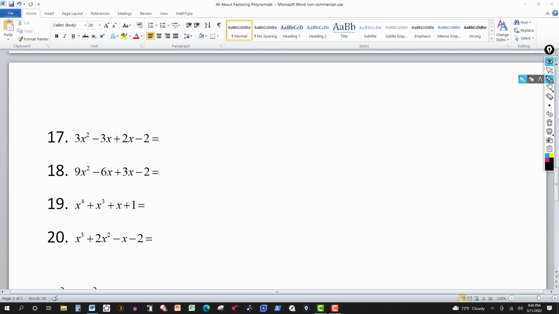You can simplify rational expressions. That's basically a polynomial over a polynomial. Something like this, just to give you an example of one application. Say you have x squared minus 9.